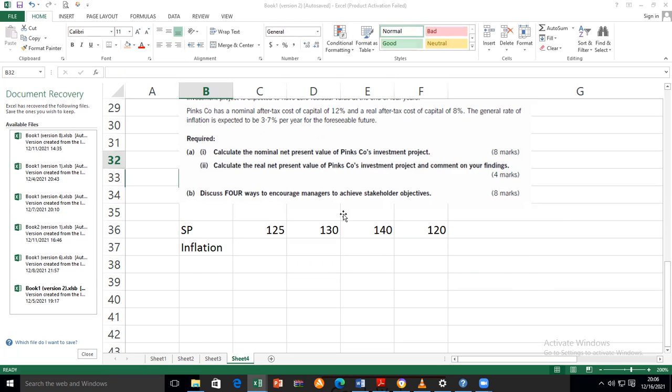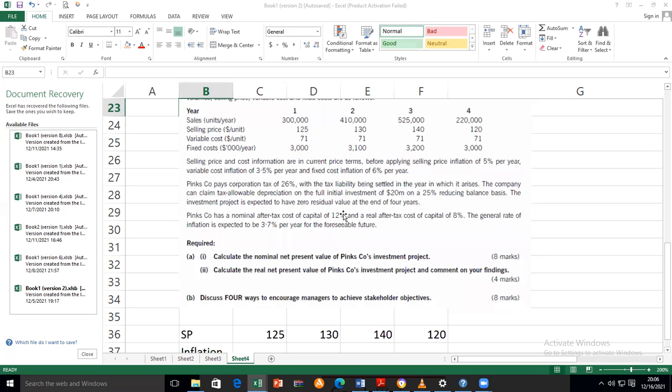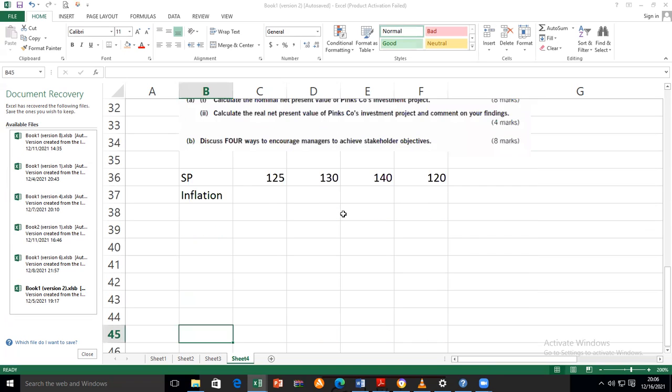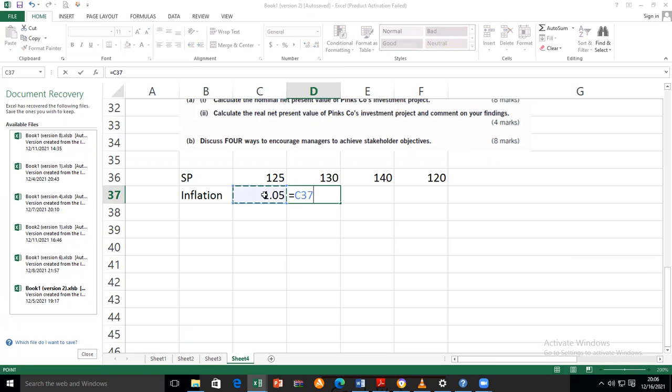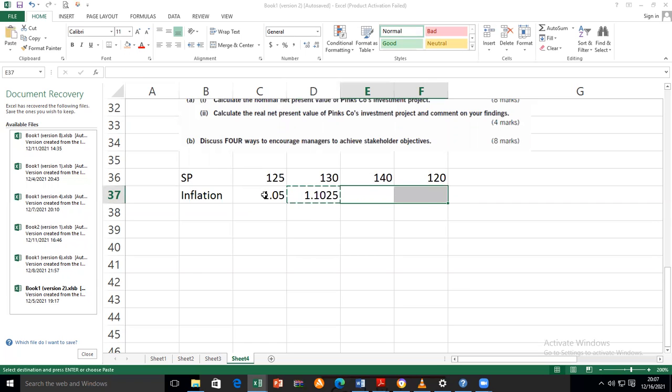They say the inflation on selling price is what? 5%. So here what you do, this one you multiply by 1.05. The next one you take this one, multiply by 1.05. And you continue. So these are your inflation factors.